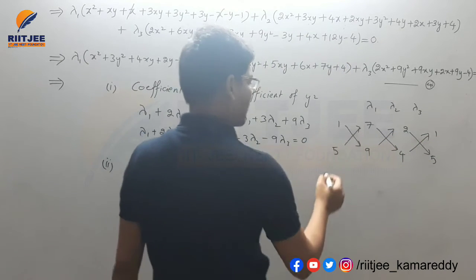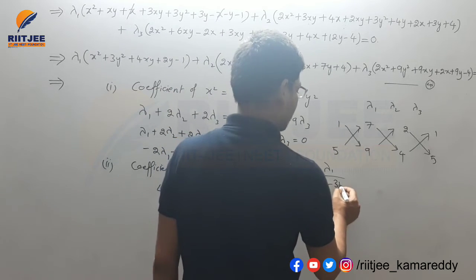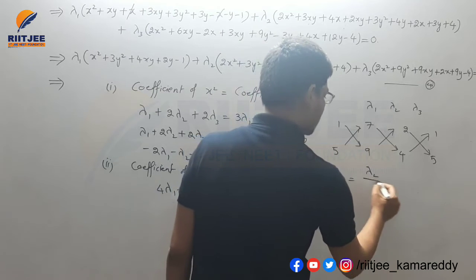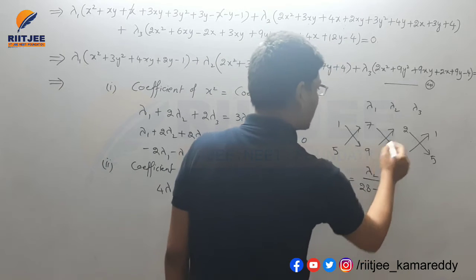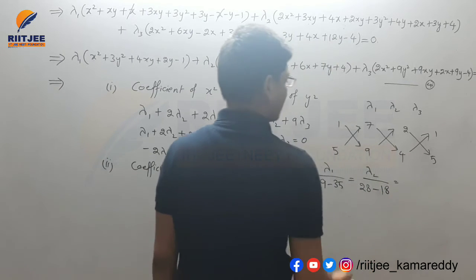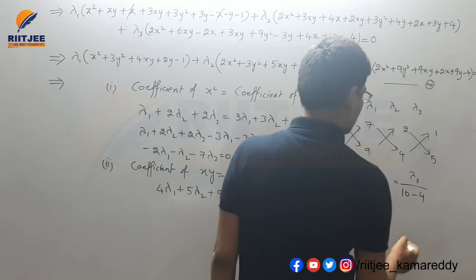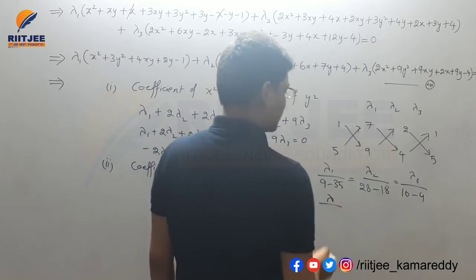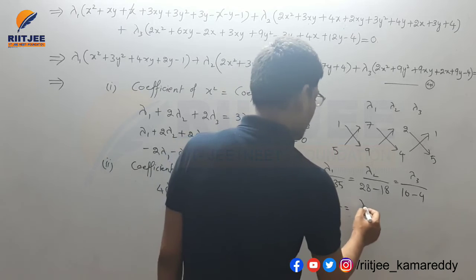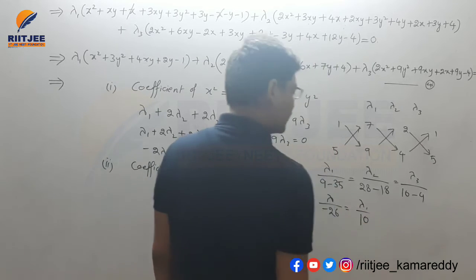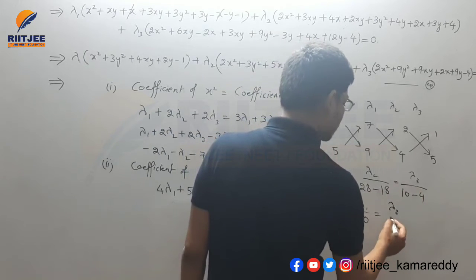We get lambda 1 by 9 minus 35, which is equal to lambda 2 by 28 minus 18, and lambda 3 by 10 minus 4, that is 6.